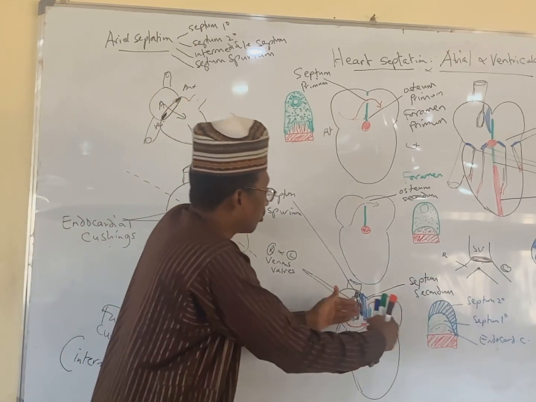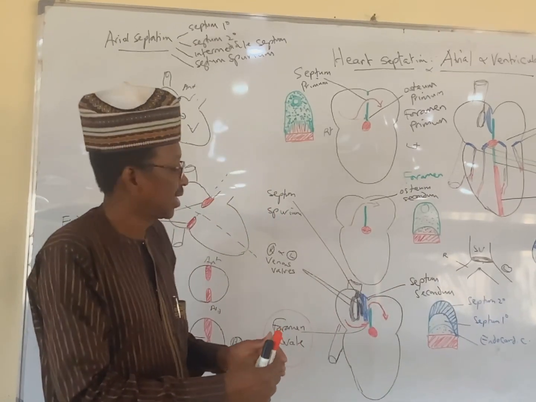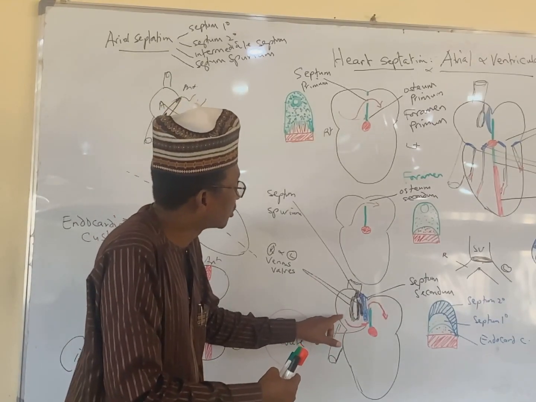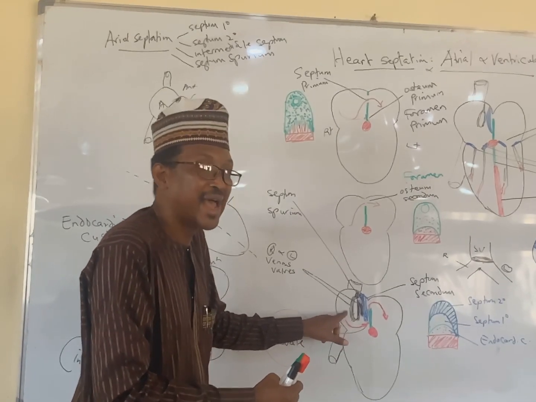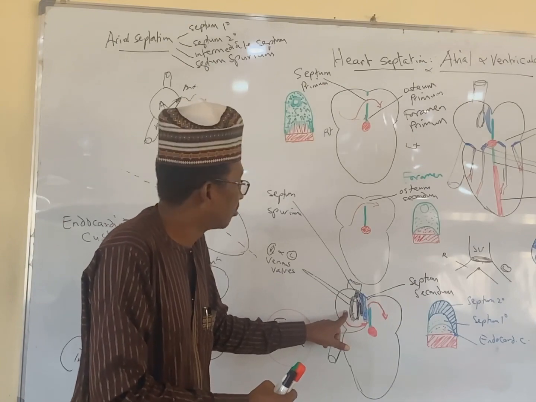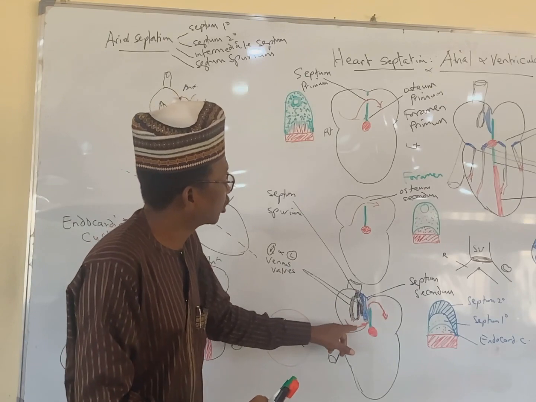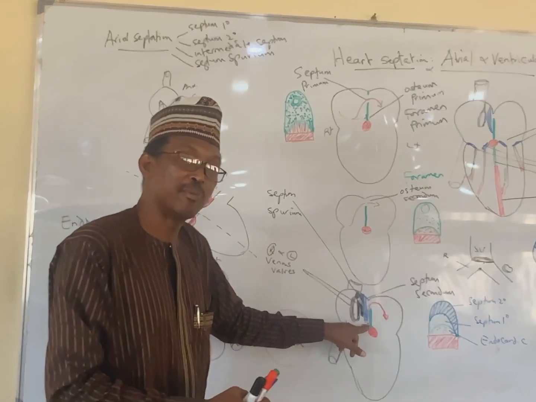How does this septum now close? You see, by the time the heart continues to develop, the blood continues to go from the right atrium, now being formed because of these structures here in the midline. It will now pass through this foramen ovale that I have made mention of.